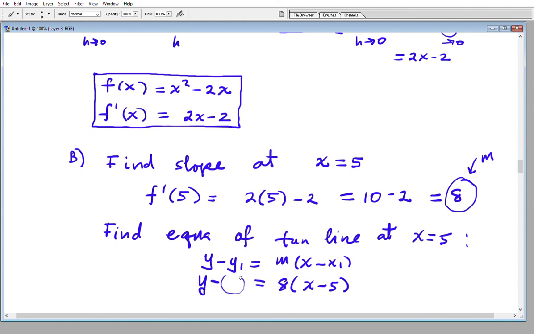In other words, plug in 5 into the original function to get the y value. So that's 25 minus 10, 15. Okay, so we're done. That's the tangent line.